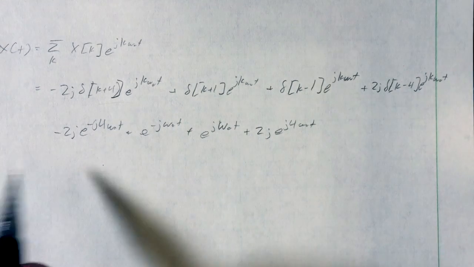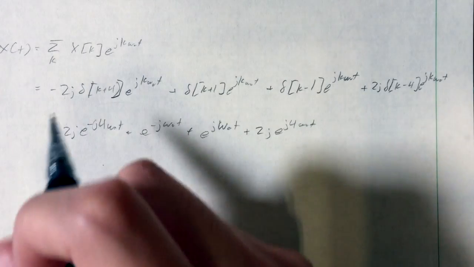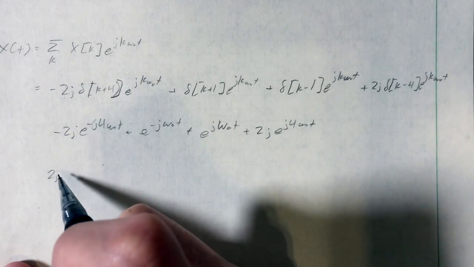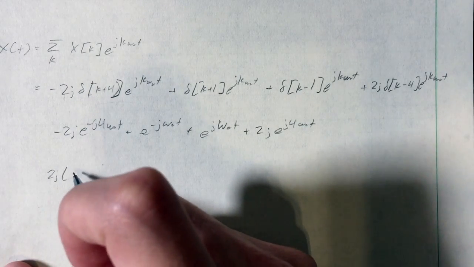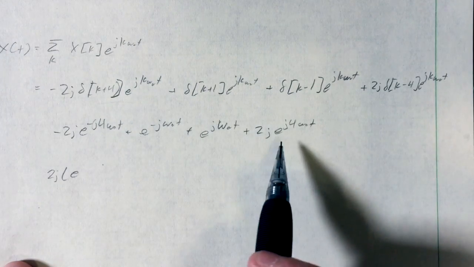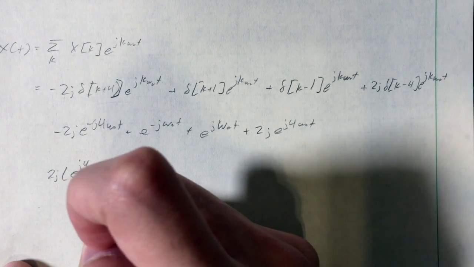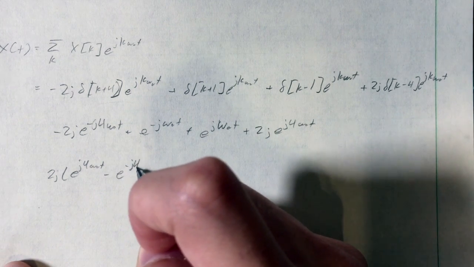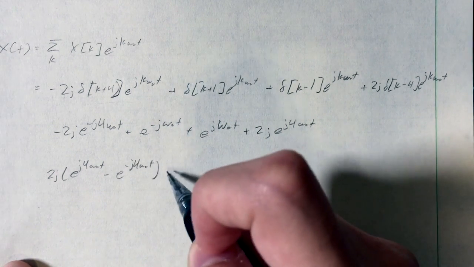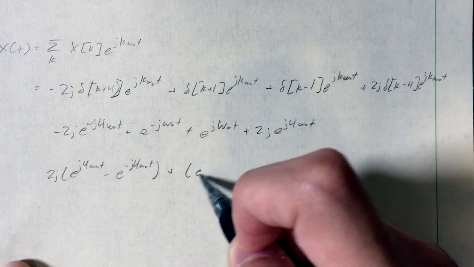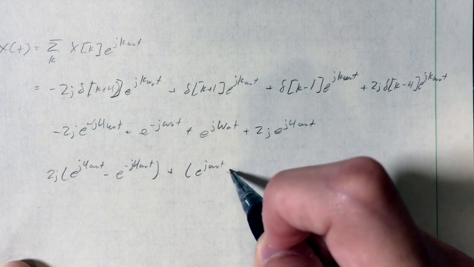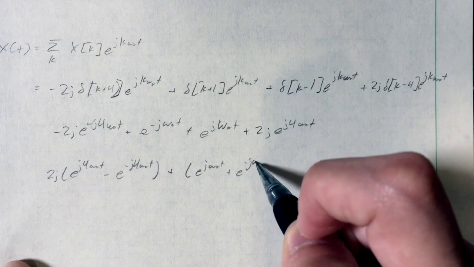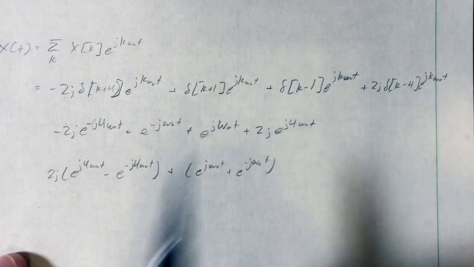So I'm just going to break this up a little bit, write it in a little bit different way. 2j times e to the j 4 omega naught t minus e to the negative j 4 omega naught t plus e to the j omega naught t plus e to the negative j omega naught t.